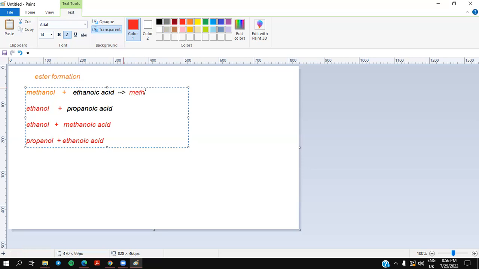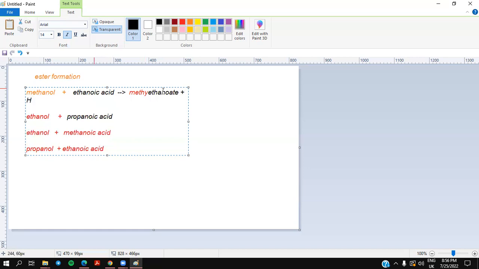Methyl. So when you look at the name of an ester, the first part tells you what alcohol has participated in the formation of the ester. And then the second part of the ester comes from the carboxylic acid, ethanoic acid. It is known as ethanoate. The name of the ester is methyl ethanoate.